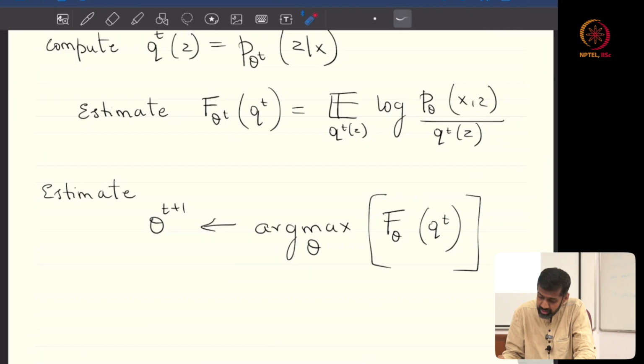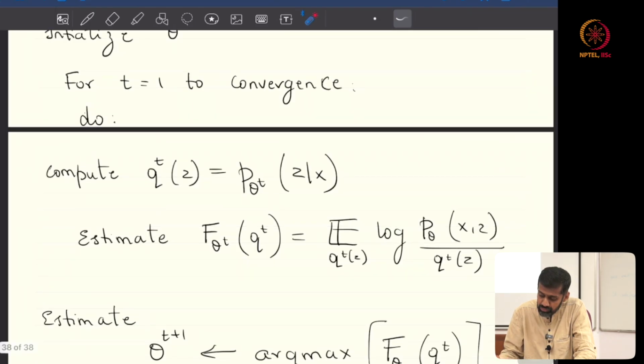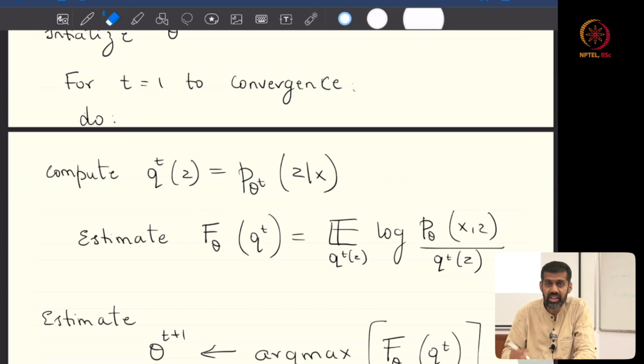Come again? Here you mean? No, it is p theta. So you compute this as a function of theta. What you fix is q, because this entire thing has to become a function of theta, right? So I'll maybe write it as f theta at q t. His question is, with respect to which theta? Theta t minus 1 or which t?